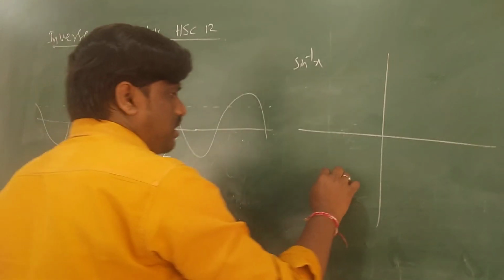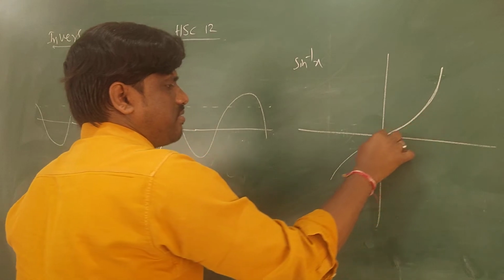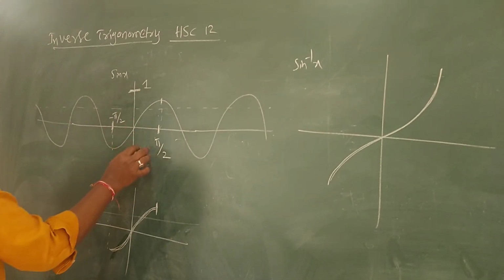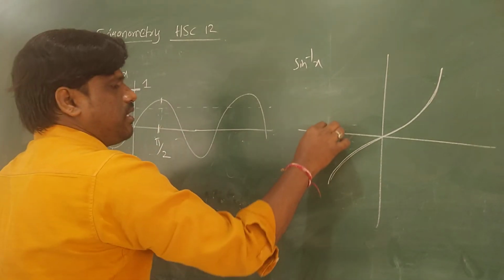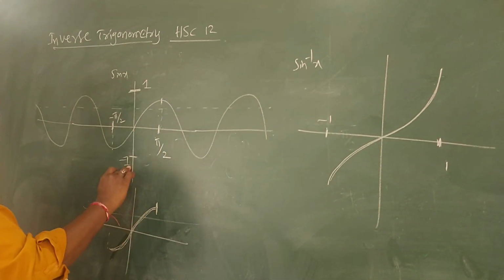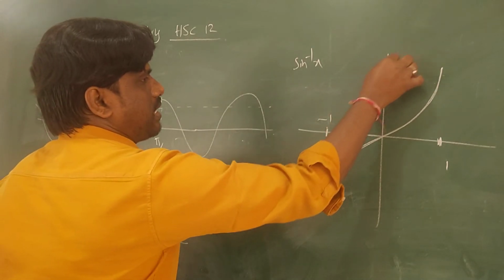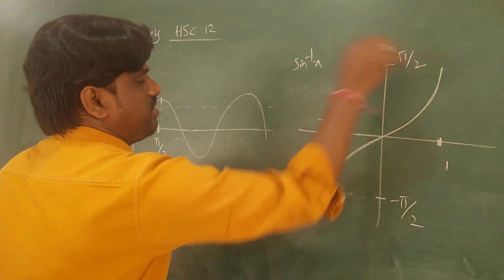For inverse functions, the domain will become the range and the range will become the domain. So minus pi by 2 to plus pi by 2 will become minus 1 to plus 1, and this will become pi by 2 and this will become minus pi by 2. This is the graph of sine inverse x.